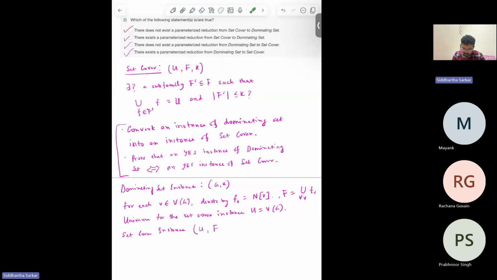Now your set cover instance is U comma F comma k. So k remains the same. This is the first step of the reduction. That is, you converted the instance of the dominating set into an instance of the set cover.